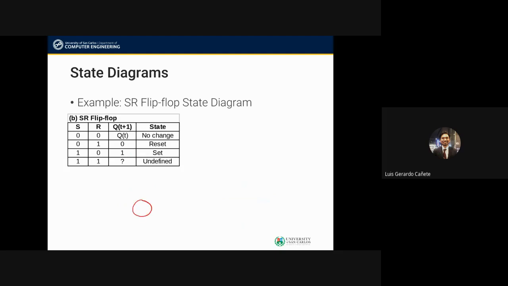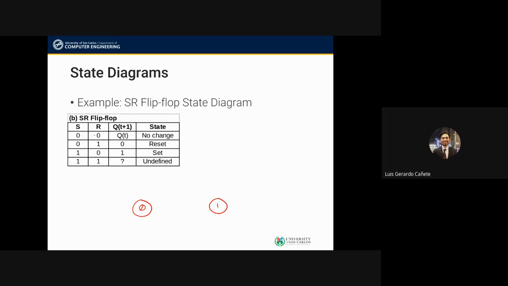That would mean that one state would be 0, and the other state would be state 1, okay? Now, the transitions are already found inside your characteristic table right here.